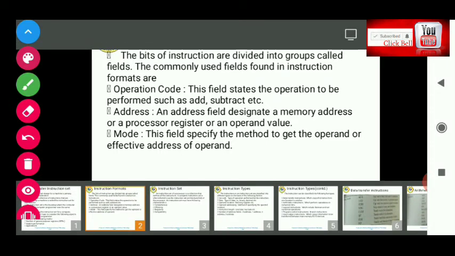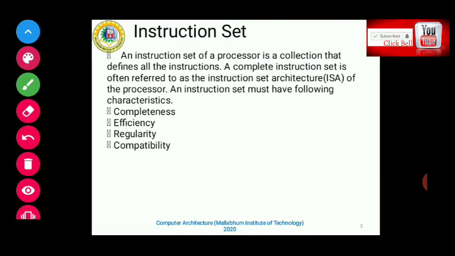And next is the instruction set. I have already defined the instruction set. It is particular to a machine. That means the instruction set of a processor is a collection that defines all the instructions.